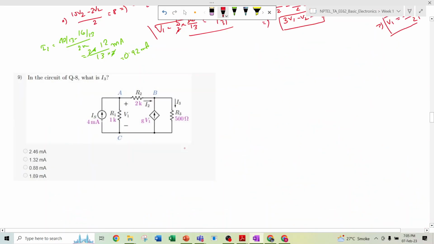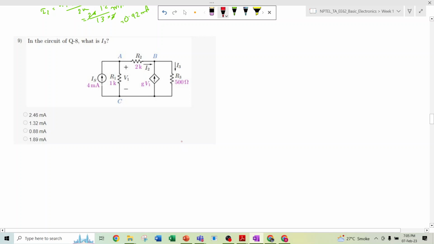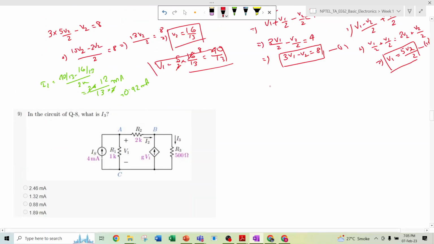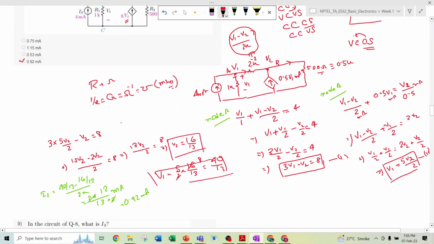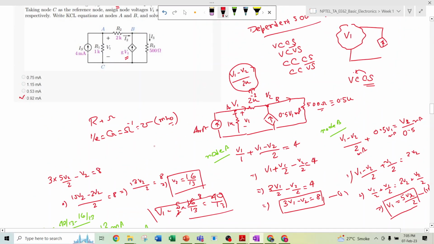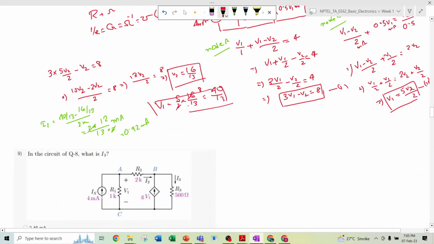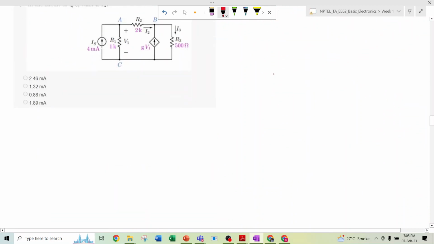Okay. So for the same question they are asking what is the value of I3. It is easy to find out because we have already found out the value of this V naught, which is V2. So V2 is basically 16 by 3.